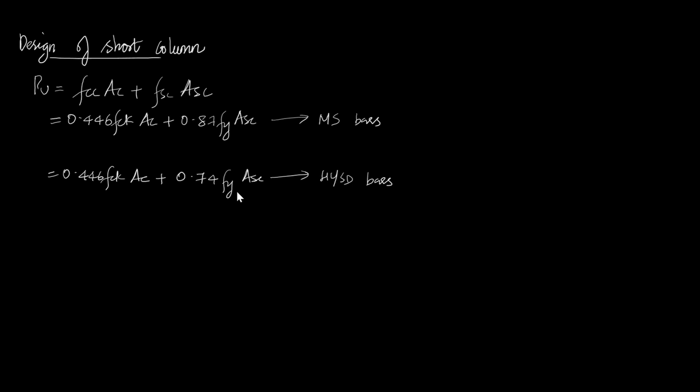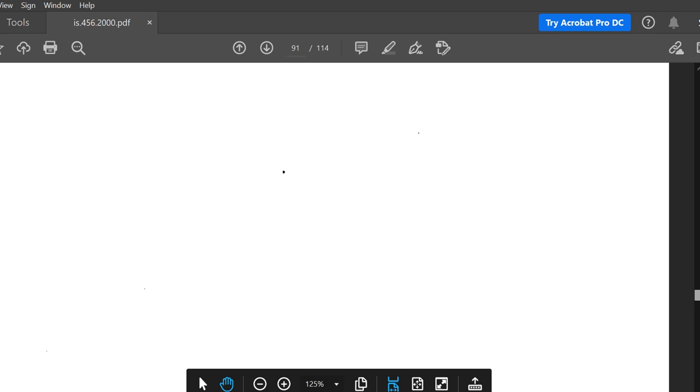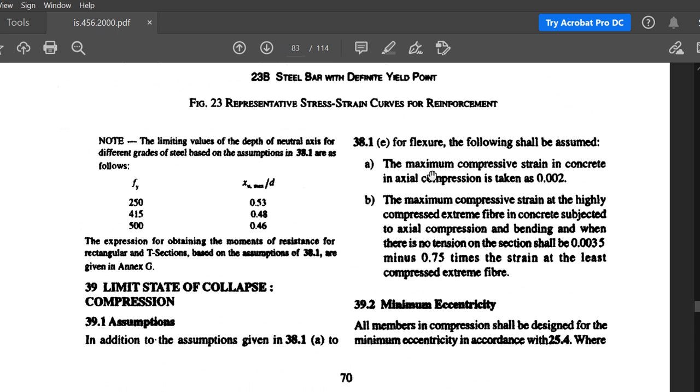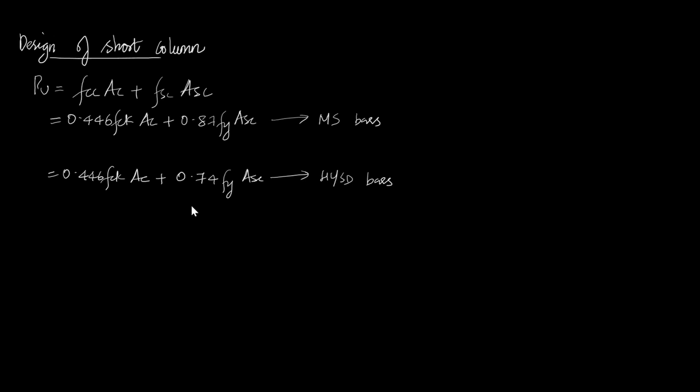This is because of the maximum strain of 0.002 when the concrete attains it, as we have discussed in the assumptions for concrete. You can see here in the assumptions, page number 70, the maximum compressive strain in concrete in axial compression is taken as 0.002. When the concrete attains a maximum strain of 0.002, the HYSD bars won't attain the maximum stress value of 0.87 Fy.